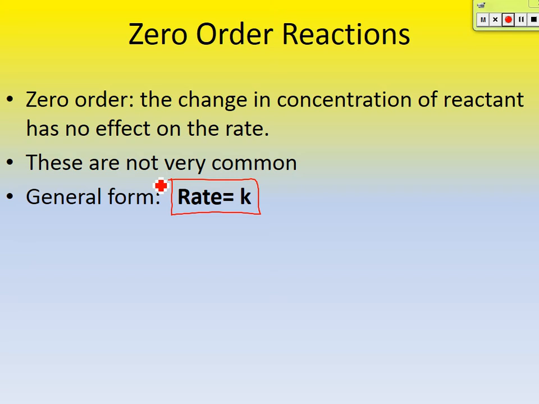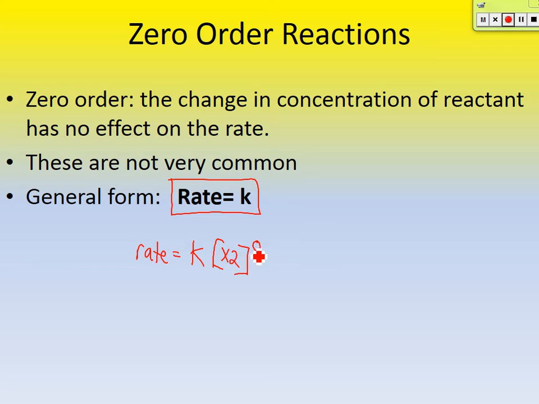So I want to talk about 0 order reactions for a second. If this is the rate law, it's equal to the rate constant times the concentration of some reactant raised to some power. In a 0 order reaction, what is the exponent going to be right here? It's going to be a 0. So let me show you how the math of this works. What if we took the concentration of this reactant and we times it by 2? So I'm going to put a times by 2 in this concentration box.